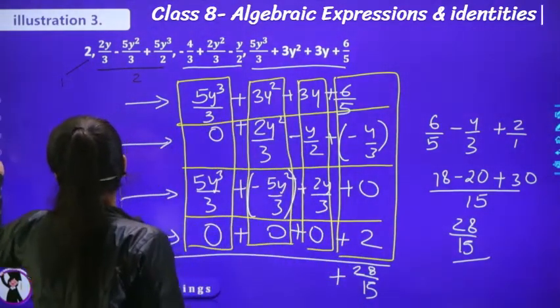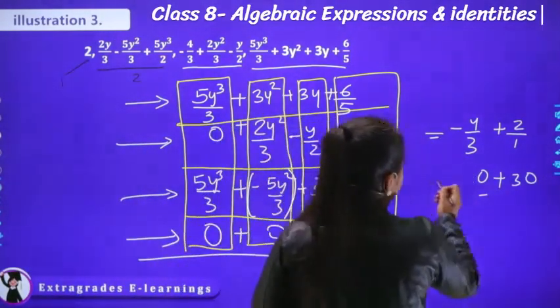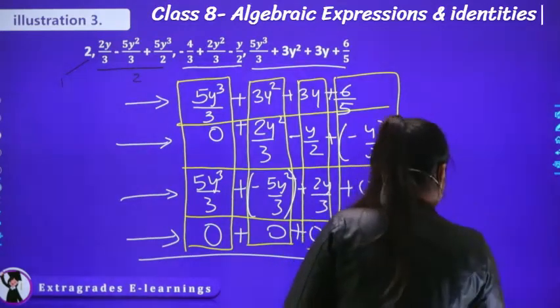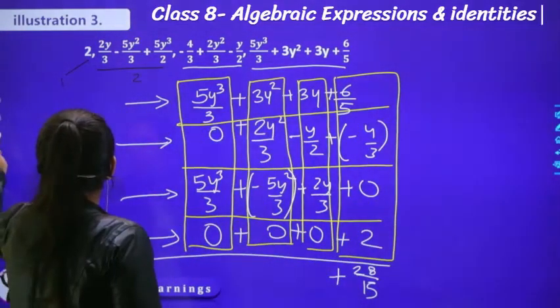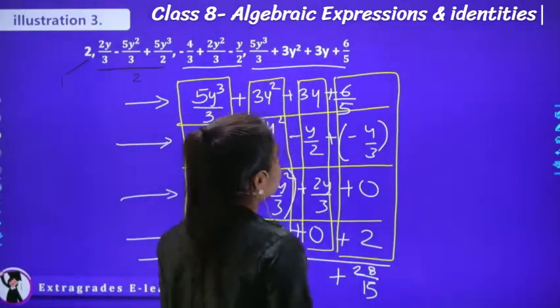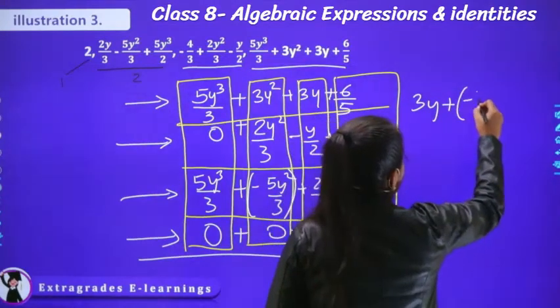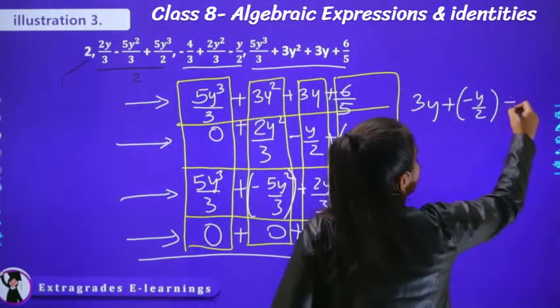Next I will take the y term and write the sum for the y term. For the y term I will take 3y plus minus of y by 2. Then we have 2y by 3 plus 2y by 3.